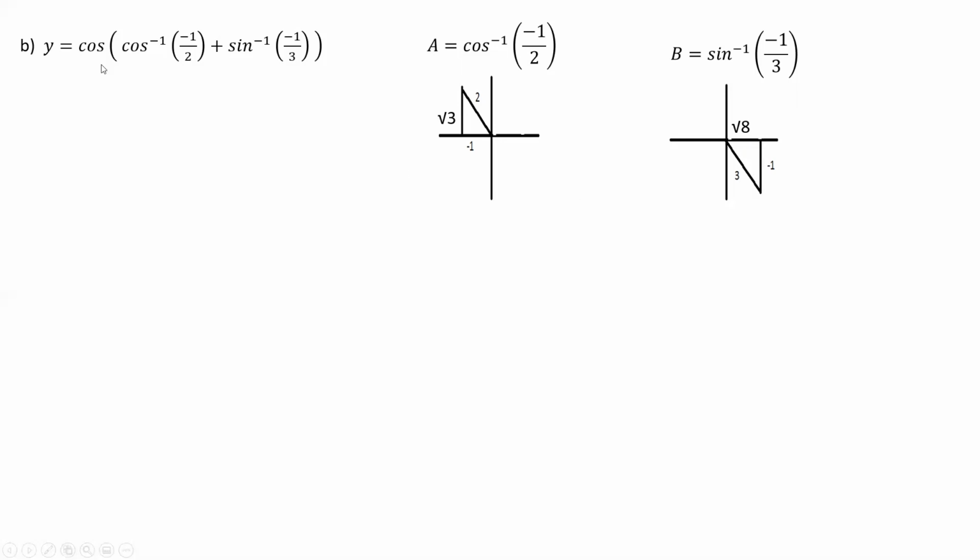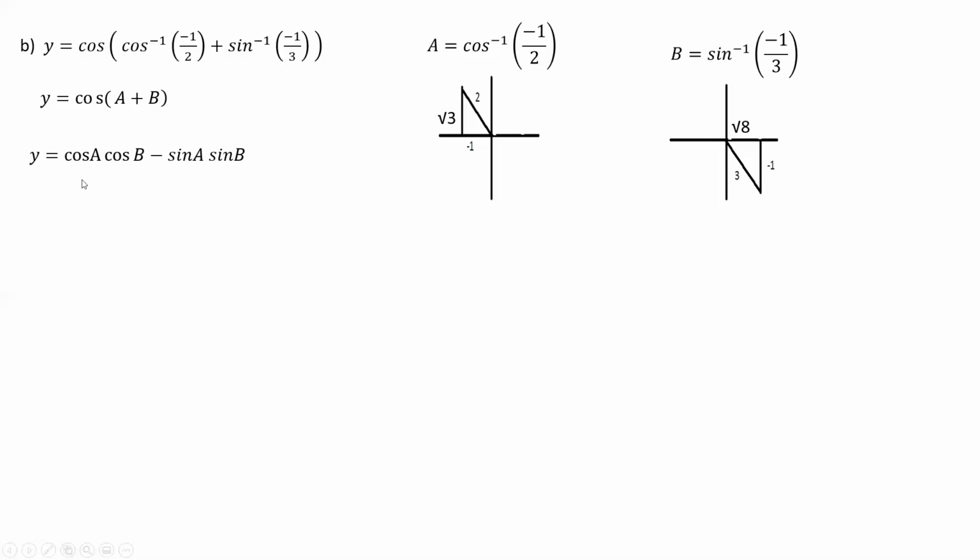Let's keep going. This will clean up nicely. The angle whose cosine is -1/2 we called A. The angle whose sine is -1/3 we called B. We now get the cosine of A plus B, and you know that formula. Cos A cos B minus sine A sine B. Remember, when we're dealing with cos, that these signs get switched around. Cosine of A. Is there a quick way of doing that? A is the angle whose cosine is -1/2.